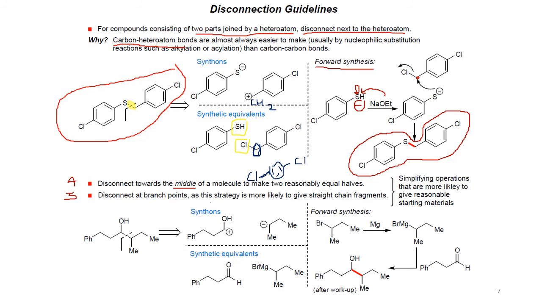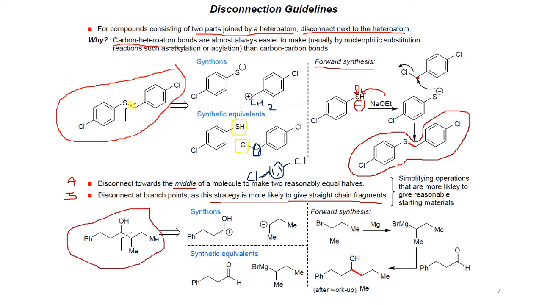This strategy is more likely to give a straight chain fragment. If you are using these two strategies, these simplifying operations, they are more likely to give reasonable starting material. Let's take a look at the example here.